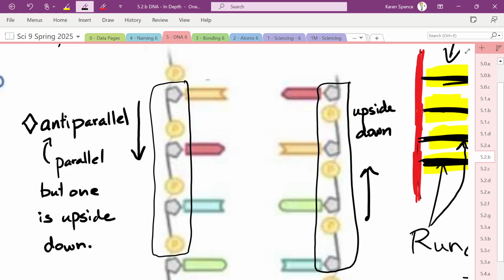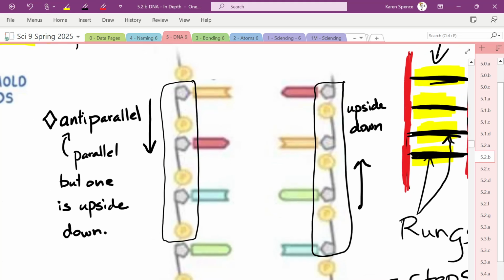And if you take biology 12, you'll learn the whole numbering system. There's a 3 end and a 5 end and things like that, but we don't need to worry about that.